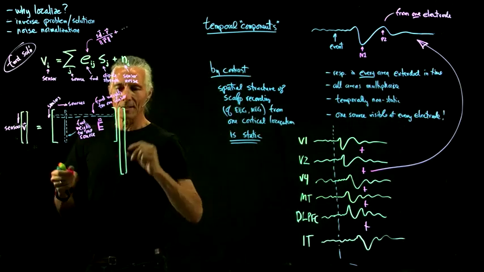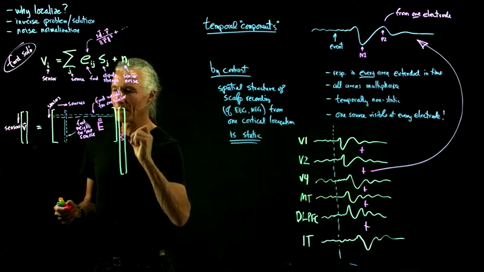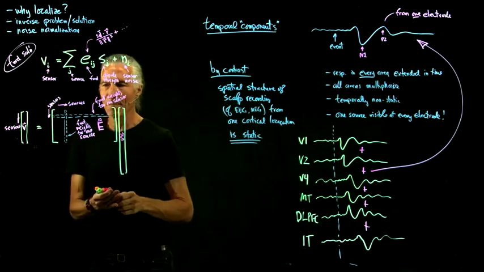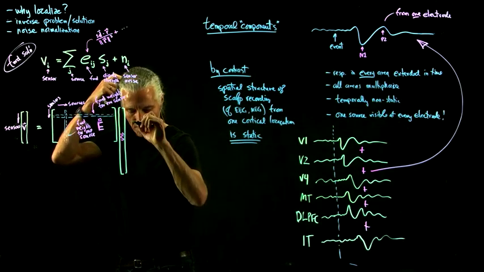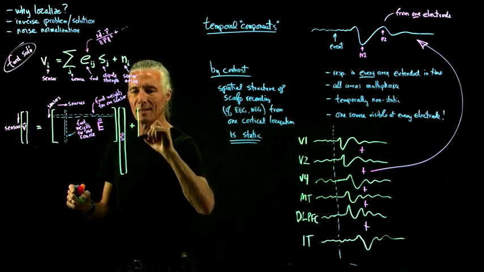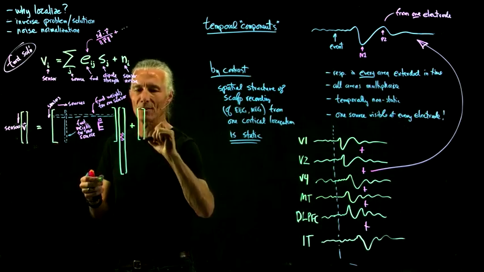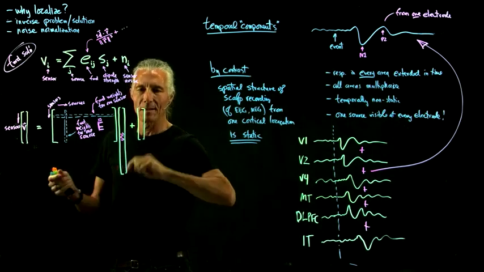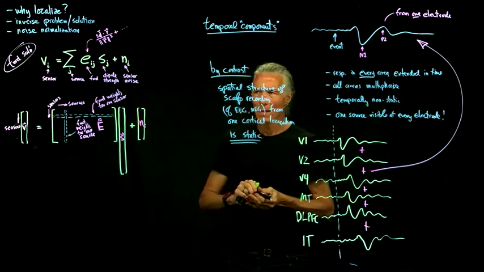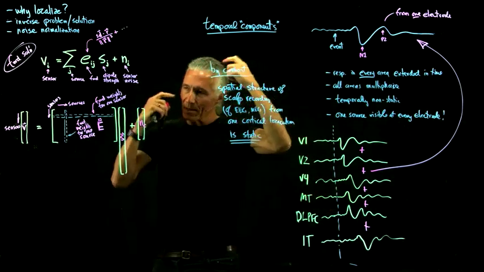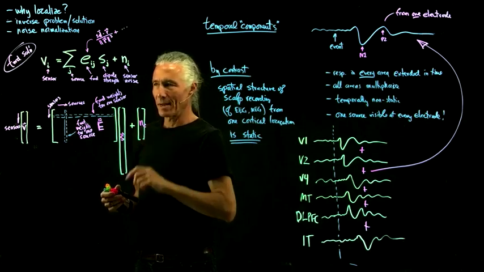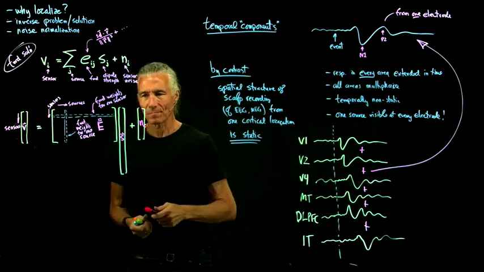So this guy's our source vector, and then we've added on some noise. The noise is going to be the same size as the sensors. This is electrical sensor noise. So there might be some additional stuff that's not coming from the brain in our signal.